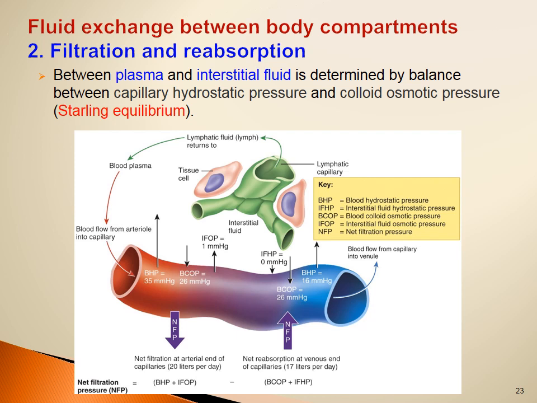So the exchange of water between the plasma and the interstitial fluid is determined by the balance between the capillary hydrostatic pressure and the colloid osmotic pressure, the osmotic pressure that is created by the plasma proteins, because we said we have more proteins in the plasma compared to the interstitium. And this is called the Starling equilibrium, and it will be studied in more detail, inshallah, in the cardiovascular system.